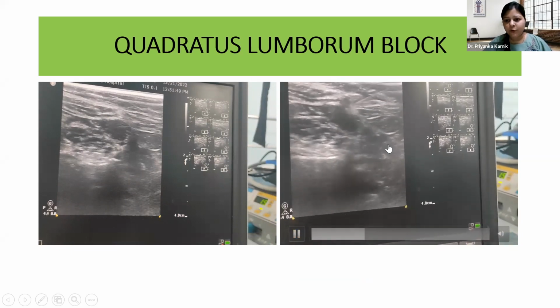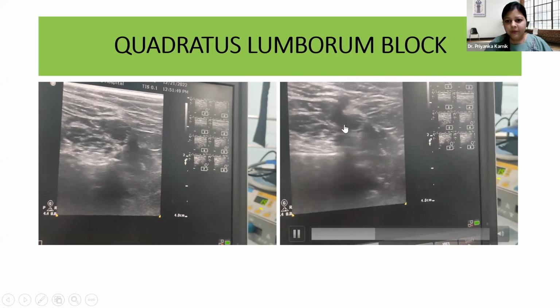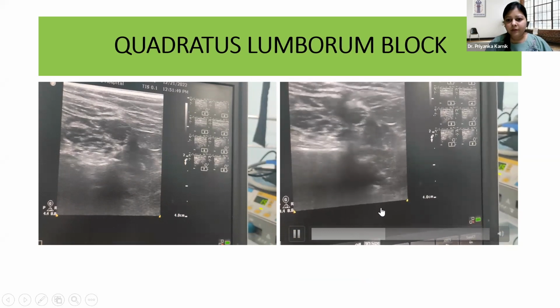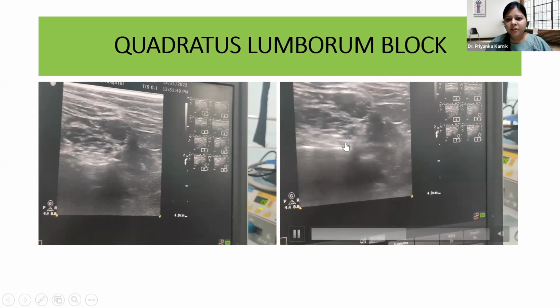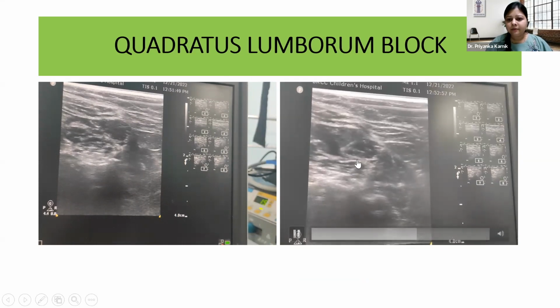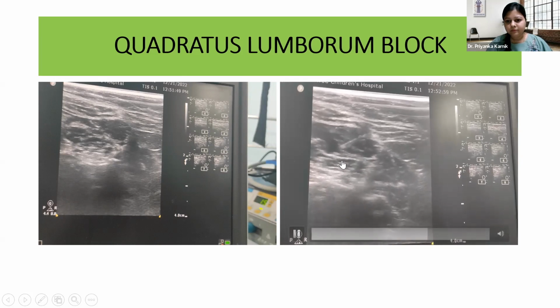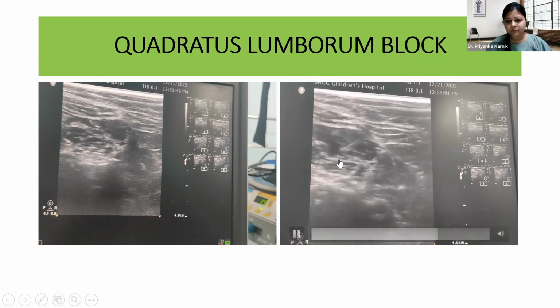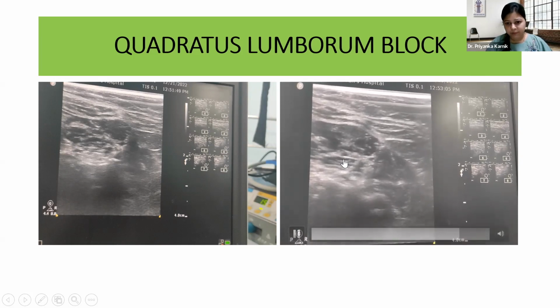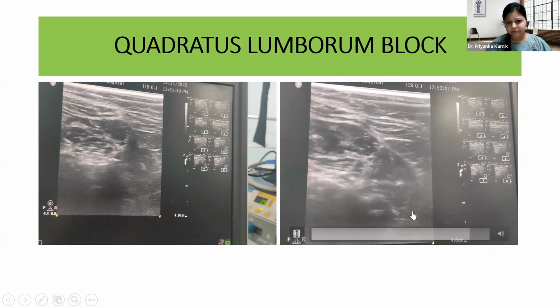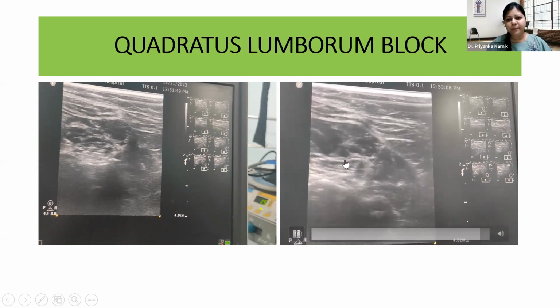This is the transverse process. After piercing the QL muscle, we need to go in between the psoas muscle and the QL muscle. So let us see the local anesthetic being injected into the space. So this is how the space will open up.